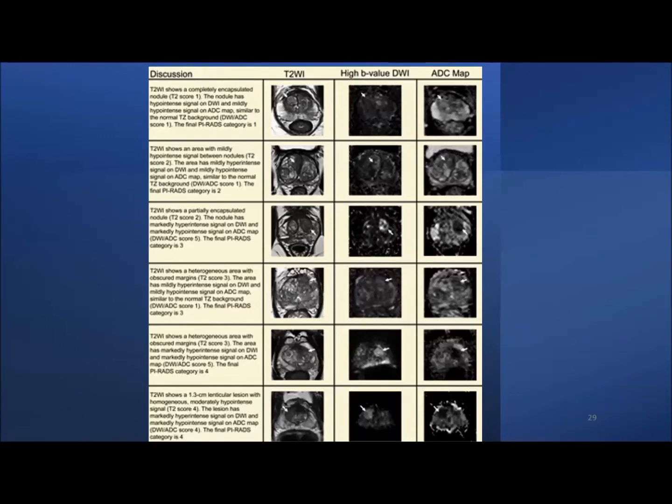For giving a score of 4 in the transitional zone on DWI, the abnormality has to be focal and markedly hypointense. For you to understand the hypointensity, you should see the surrounding muscles, their appearance is very black.